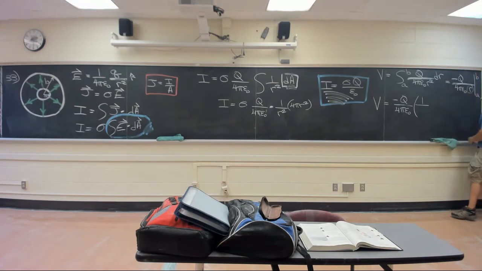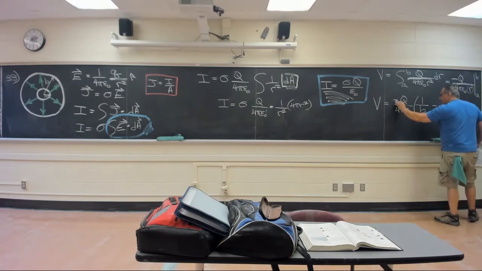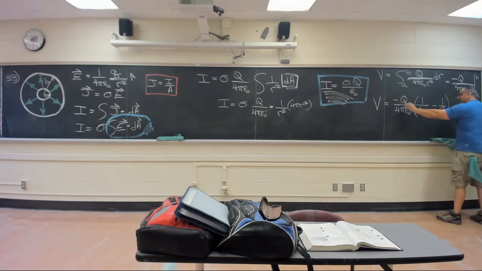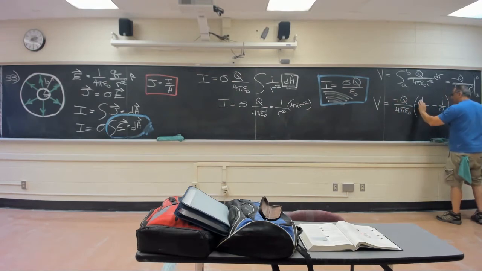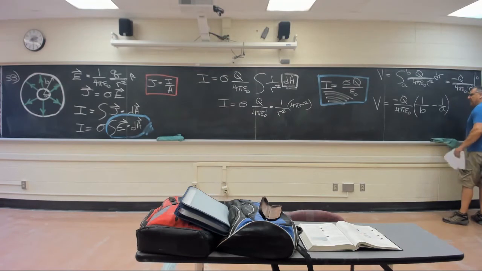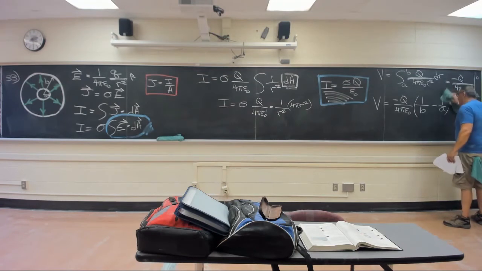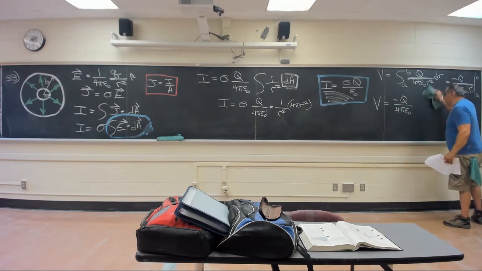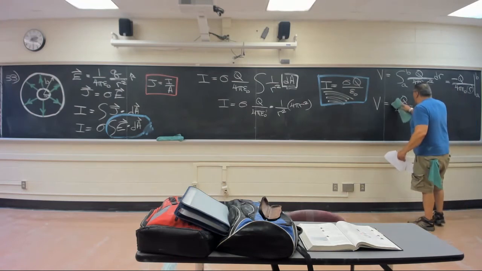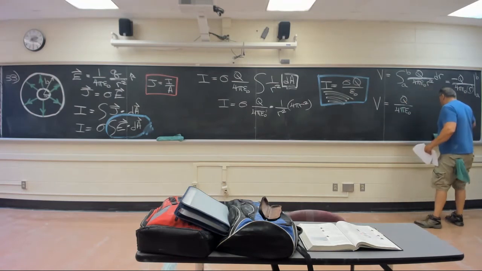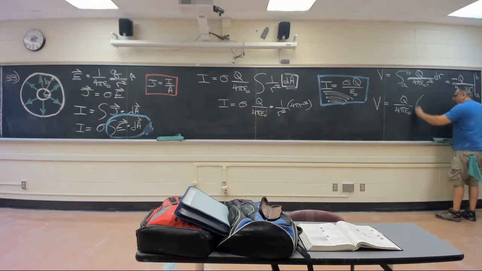It's 1 over B minus 1 over A. Yeah, I know, you got a negative here. Why don't you take this negative 1 and bring it right next to this quantity, and go negative 1 times all this, and you get 1 over A minus 1 over B. So you saw what I did, and that's about what we wanted.